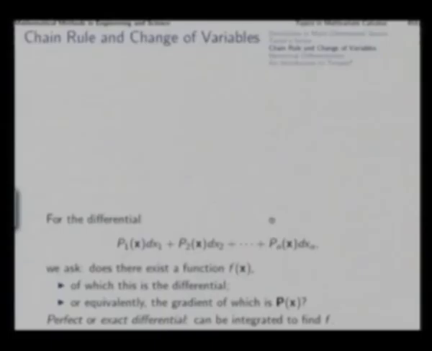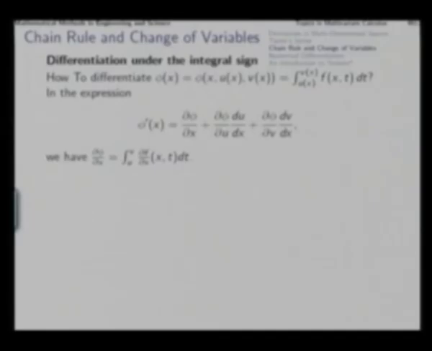The last point that we consider in this lecture is the formula for differentiation under the integral sign. That is useful in differentiating a function which is available in the form of an integral.